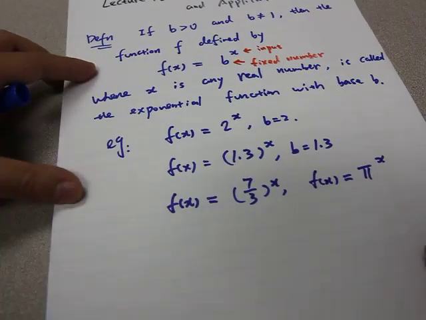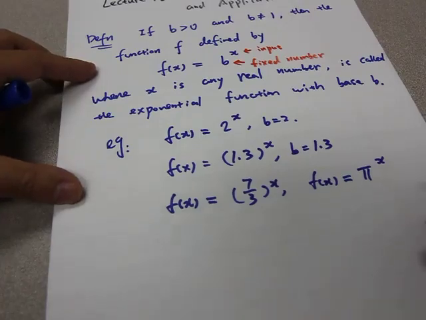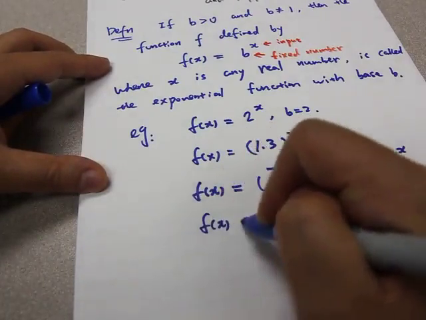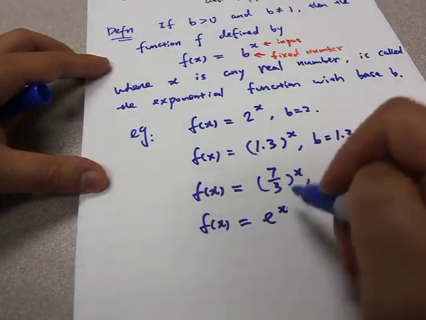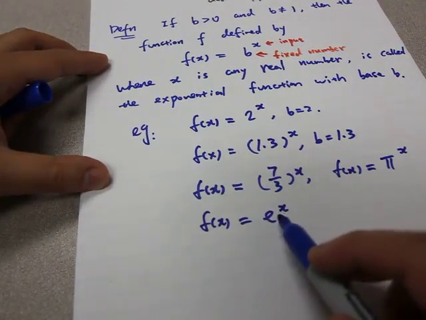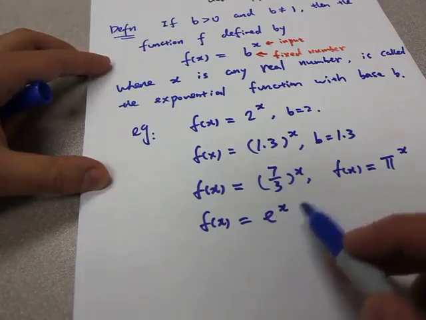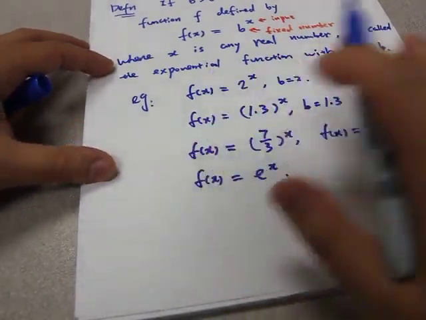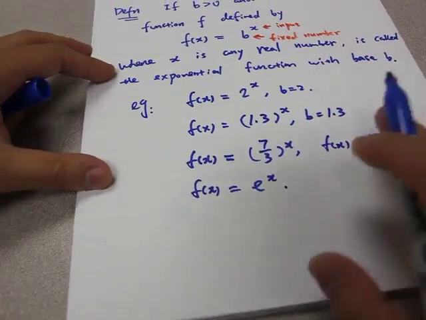So this is also an exponential function. And when we use e as the base, this is called the natural exponential function, and we will see this later. Okay, so these are all exponential functions.